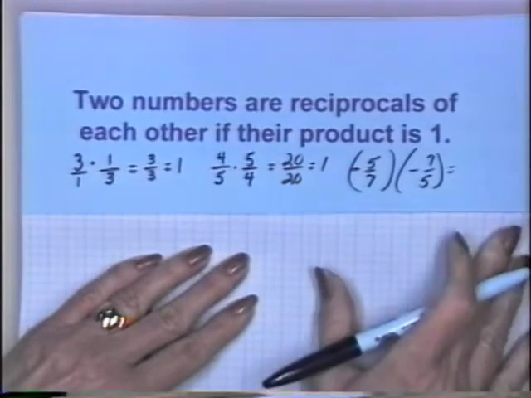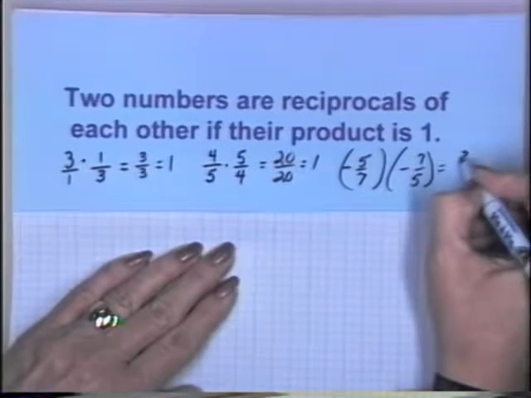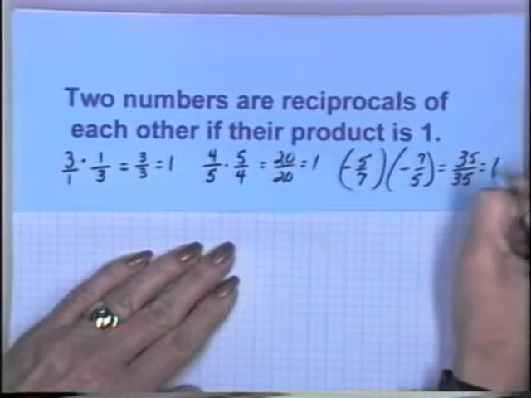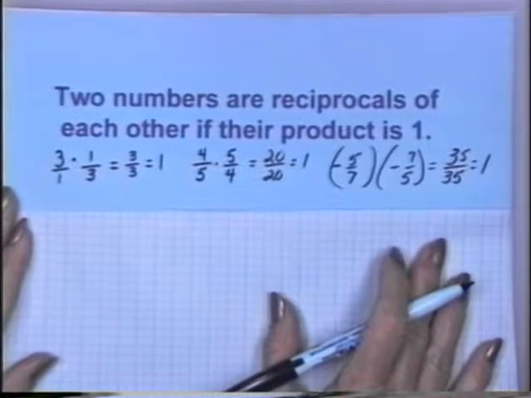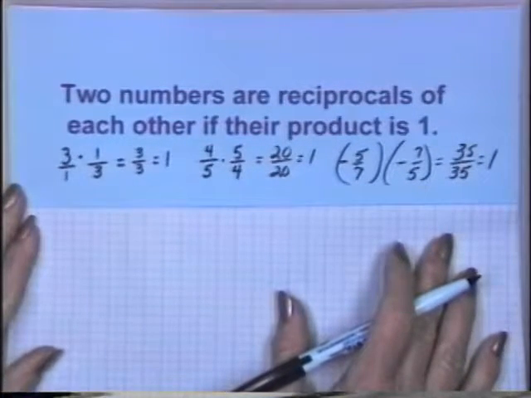And notice also, negative times a negative gives us a positive, and we would have 35 over 35, which is 1. So keep in mind that two numbers are reciprocals of each other if their product is 1.